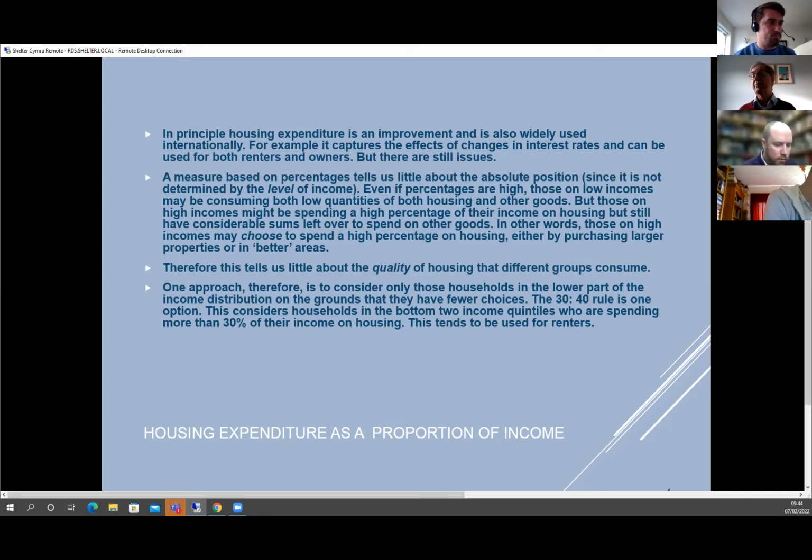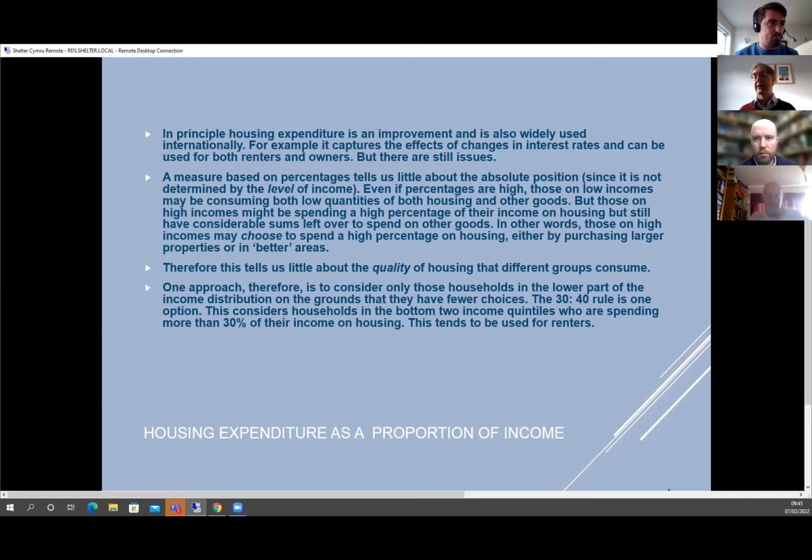First, measures based on percentages or proportions don't tell us anything about the absolute levels of expenditure. For example, those on low incomes, even if the percentage is high, may still be consuming very low levels of housing. But those on high incomes may spend a high percentage of their incomes on housing by choice.